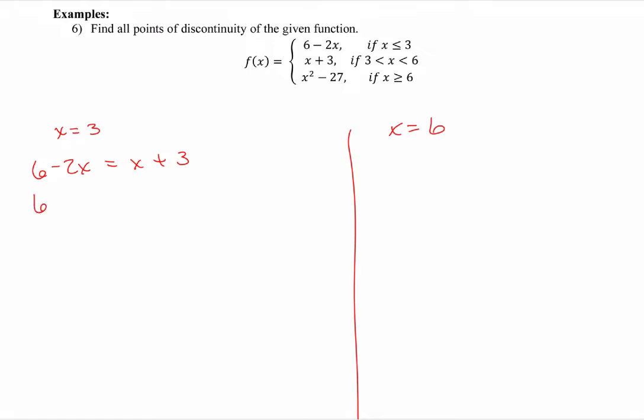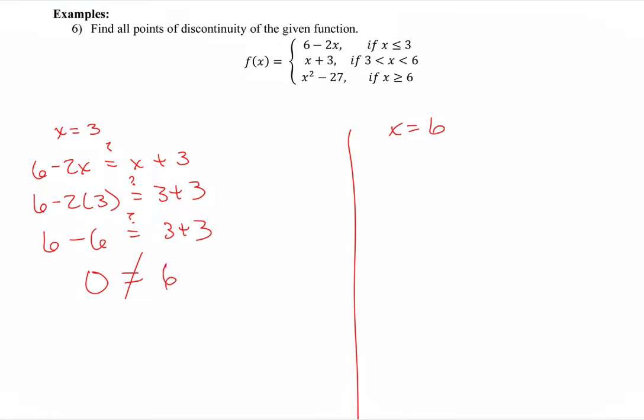So 6 minus 2 times 3, we want it to be equal to 3 plus 3. So 6 minus 6 has to equal 3 plus 3. So 0 does not equal 6. So we are discontinuous at x equals 3.